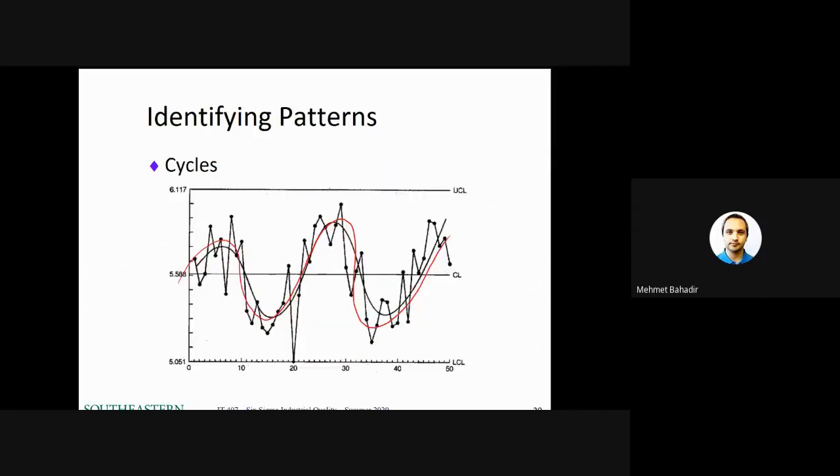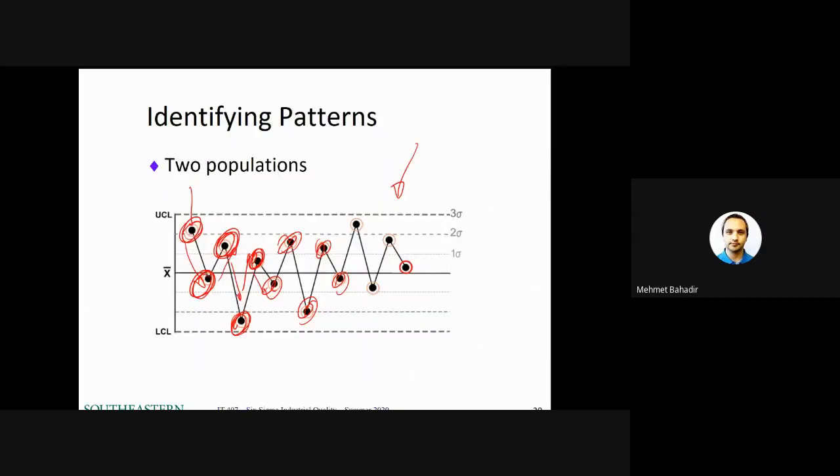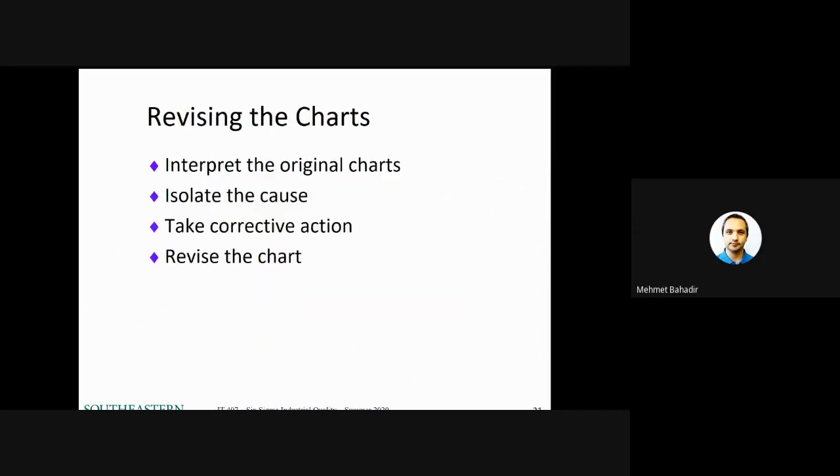After you fix it, you get rid of those data points and you create a revised chart. So these are the steps: you interpret the original chart, you identify the cause of the problem, you fix it, and you revise the chart, calculating the new charts with the new formula. That's what we do in statistical quality control as part of the Six Sigma quality team.